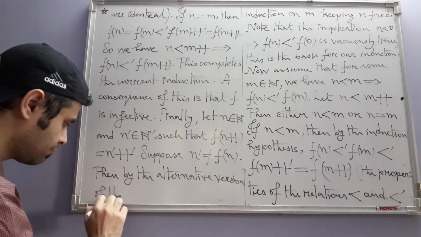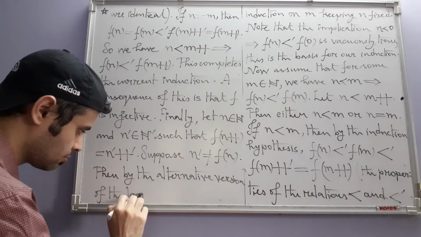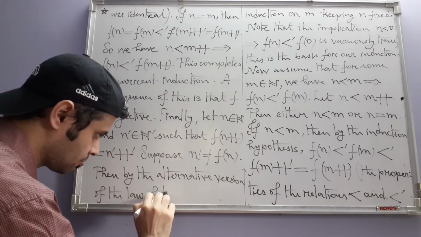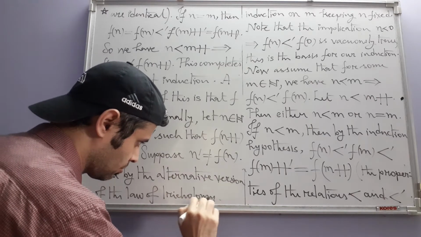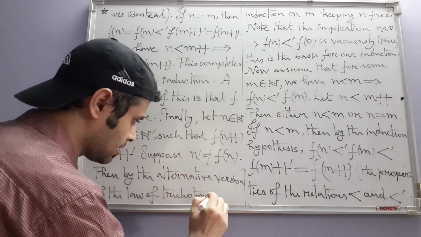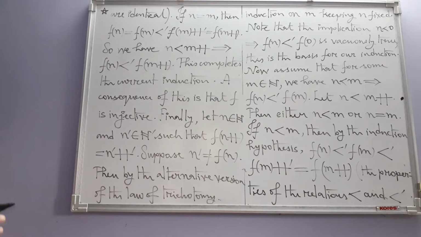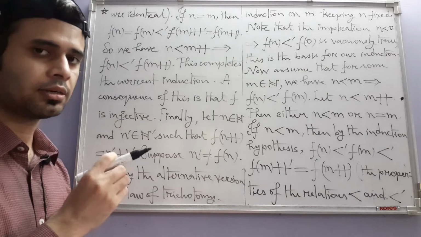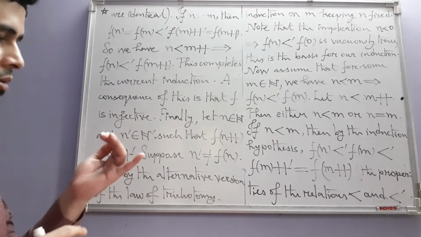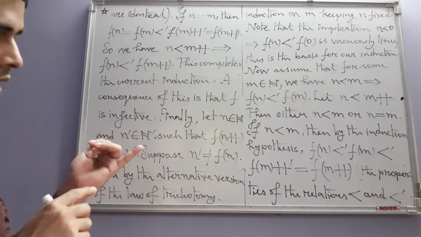of the law of trichotomy, recall that there was something known as the law of trichotomy for natural numbers, which says that if we have two natural numbers n and m, then exactly one of these three things will happen.